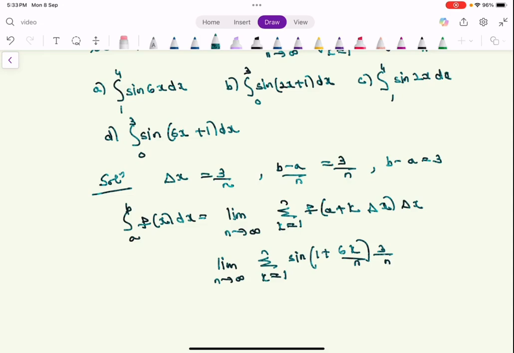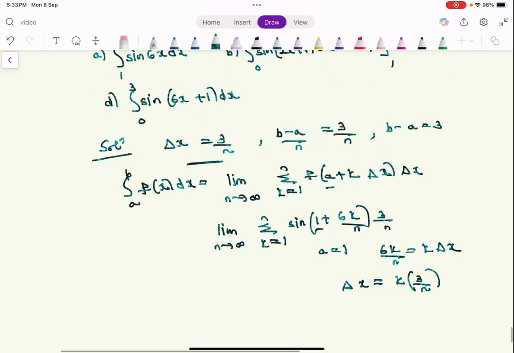So comparing these, we get a equal to 1, and 6k by n will be k delta x. That means delta x will be k into 3 by n, because we have delta x is 3 by n. So this is k into 3 by n equal to 6k by n.